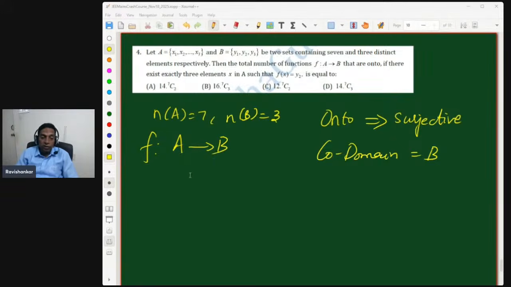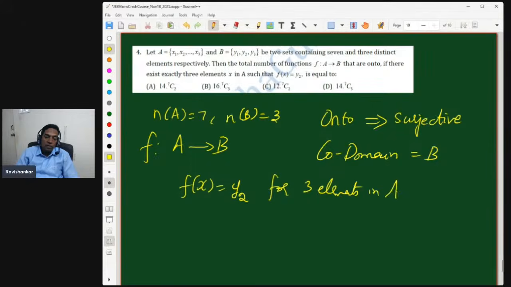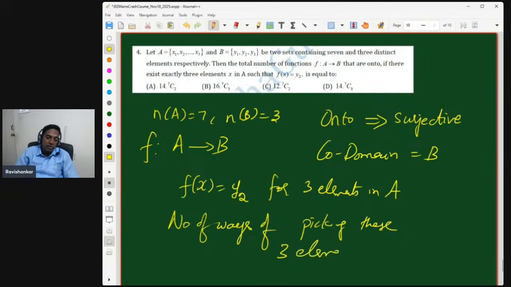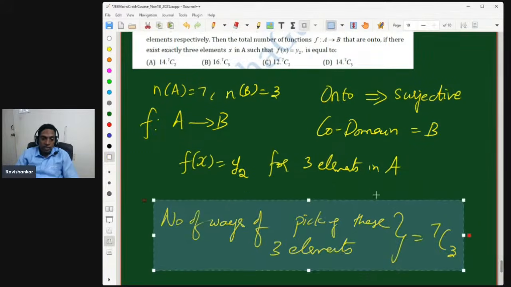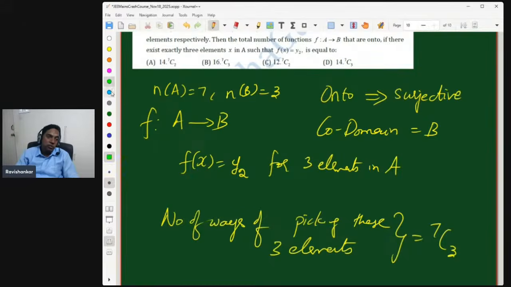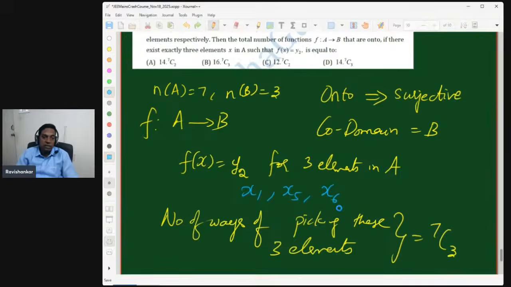Now we are told that f of x is equal to y2 for 3 elements in A. So the number of ways of picking these 3 elements is 7C3. One example could be x1, x5, x6.